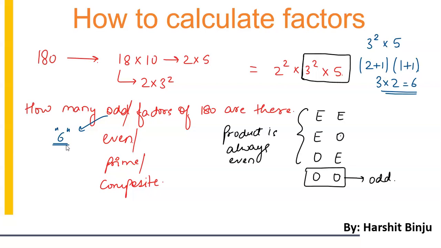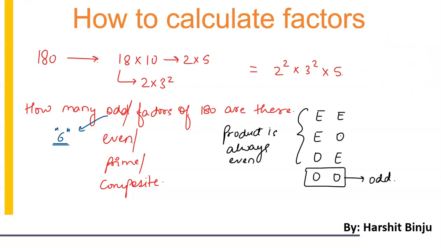If you want to look at a different way of solving this, if I want the result to be even, what I'll do is take one 2 common and rewrite this as 2 into 3 square into 5. The reason for taking one 2 common is that whenever we multiply a number by 2, it will always result in an even number.